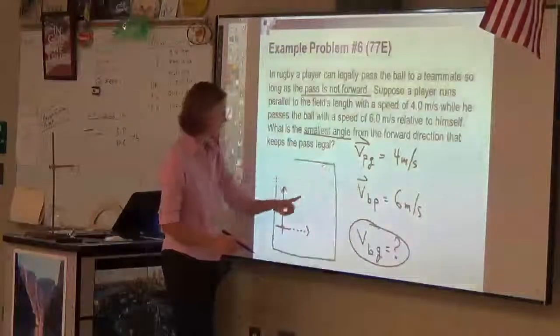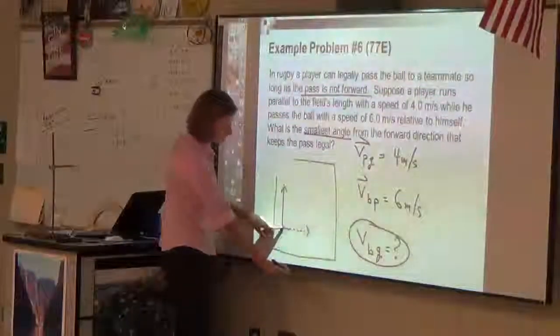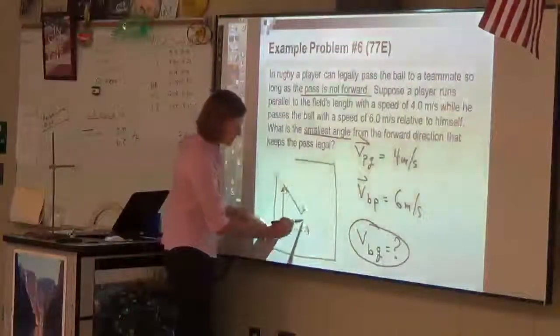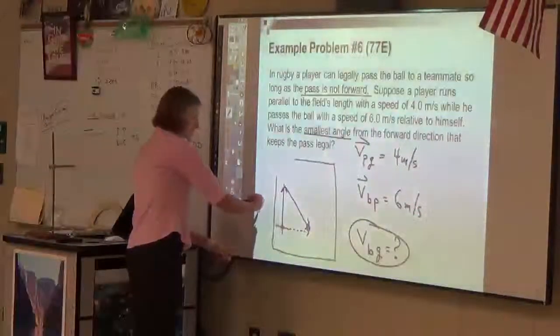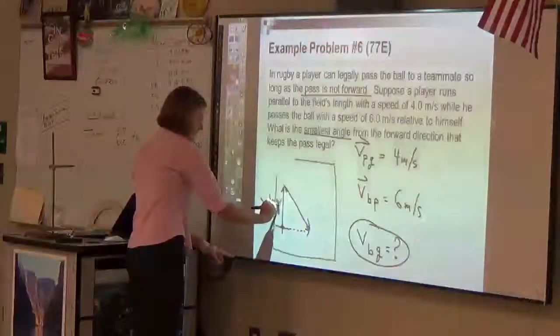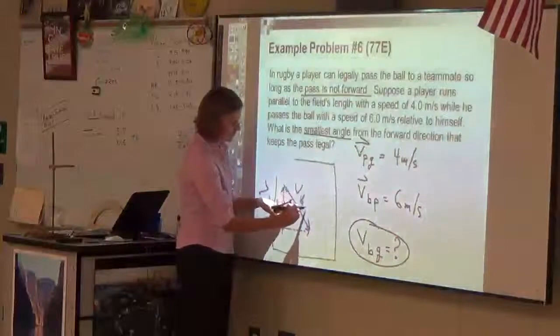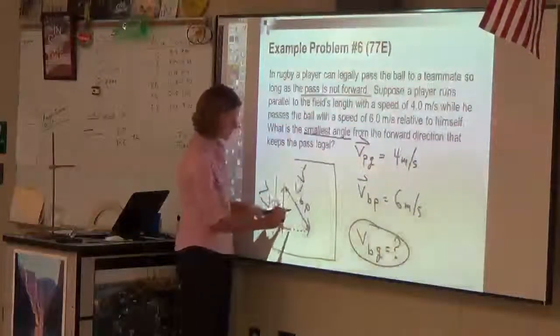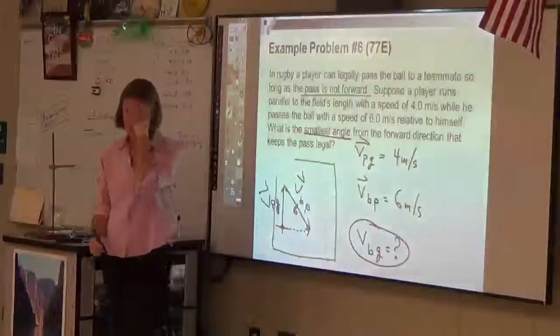Here's my player with respect to ground. I'm going to add on ball with respect to player. Again, it's a vector, but I'm going to add it head to tail. And make sure you label these in your drawings. Maybe this will make a little more sense. This is the velocity of player with respect to ground. I'm adding that to velocity of ball with respect to player, which is 6. I don't exactly know this angle yet, but I know it's going to be 6.